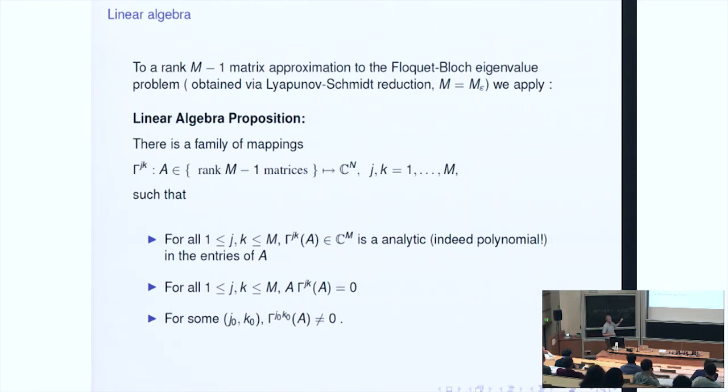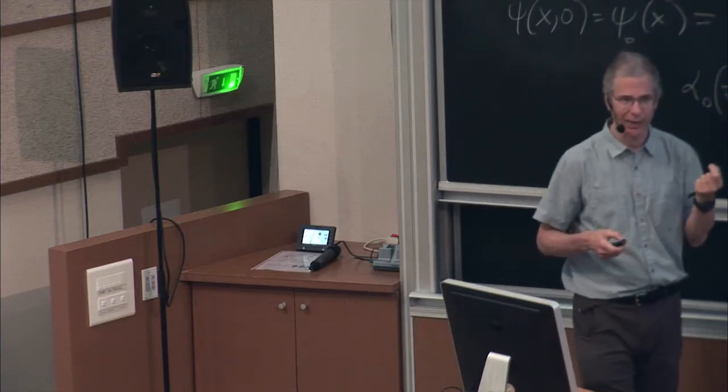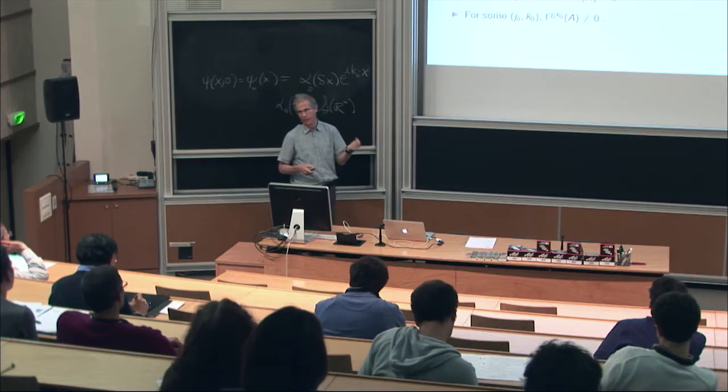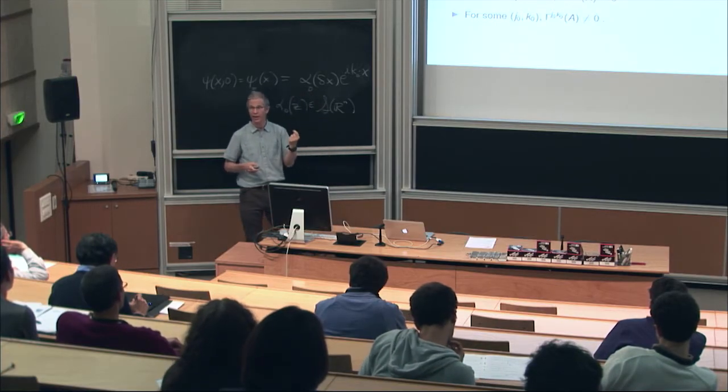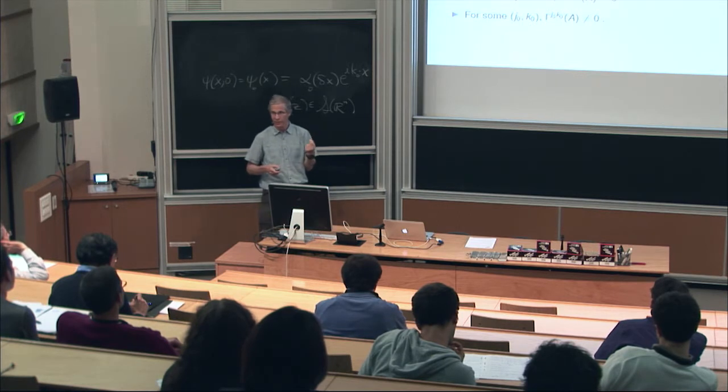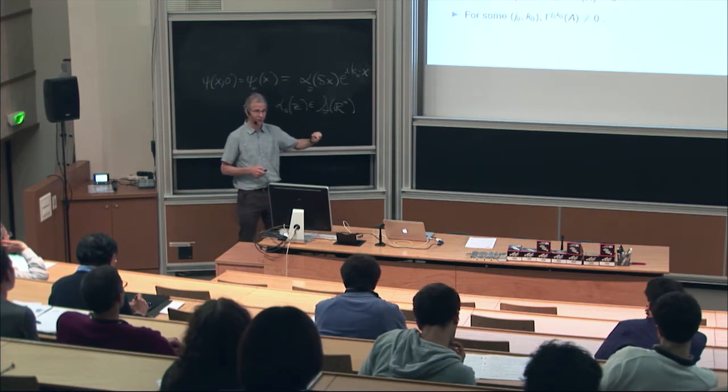And what this corresponds to is the following fact. If I look at a rank m minus 1 matrix, I know that the determinant is 0. Since it has rank m minus 1, there is one m minus 1 by m minus 1 subdeterminant which is non-zero. But I don't know which one is non-zero as I vary the parameters.